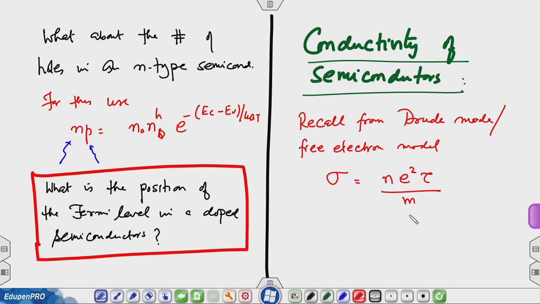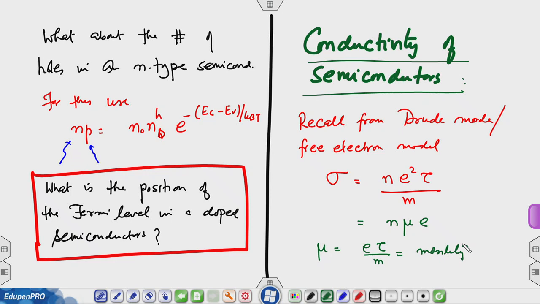In the present case, we will talk about this in terms of mobility. So, this can also be written as n mu e, where mu is e tau over m and is known as the mobility of the charge carriers.